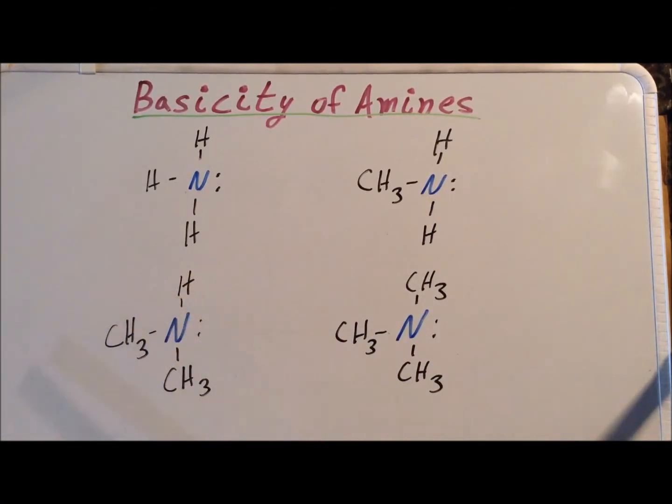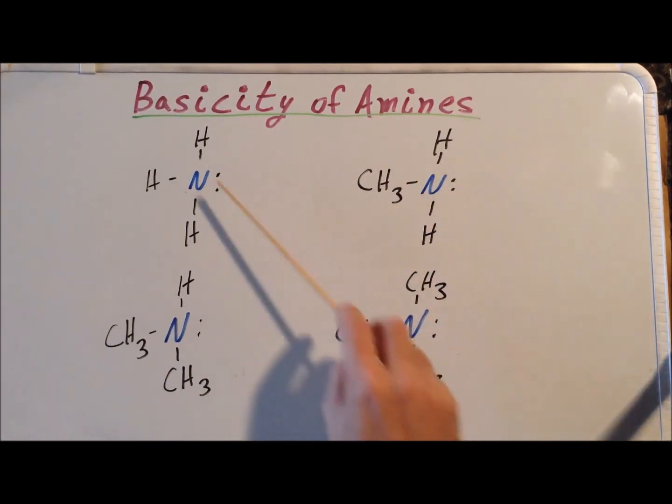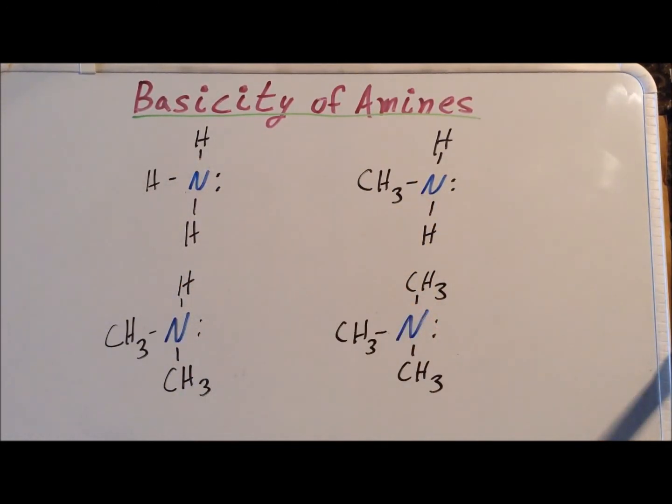In line with what we saw from the halogens, where 2 is better than 1, if we have 2 methyl groups, we know that each methyl group releases more electrons than the hydrogen it replaced, so we would imagine, and we'd be correct, that 2 methyl groups have a greater electron releasing effect than simply 1 methyl group and a hydrogen would. Therefore, dimethylamine would be a stronger base than methylamine, which is stronger than ammonia.